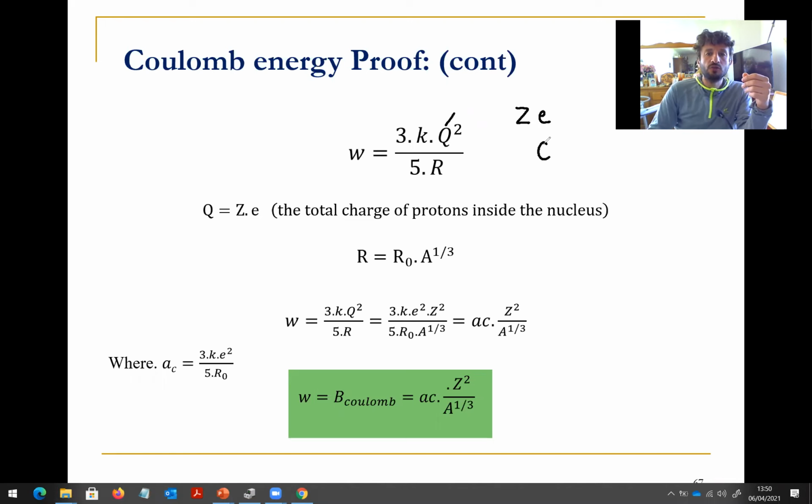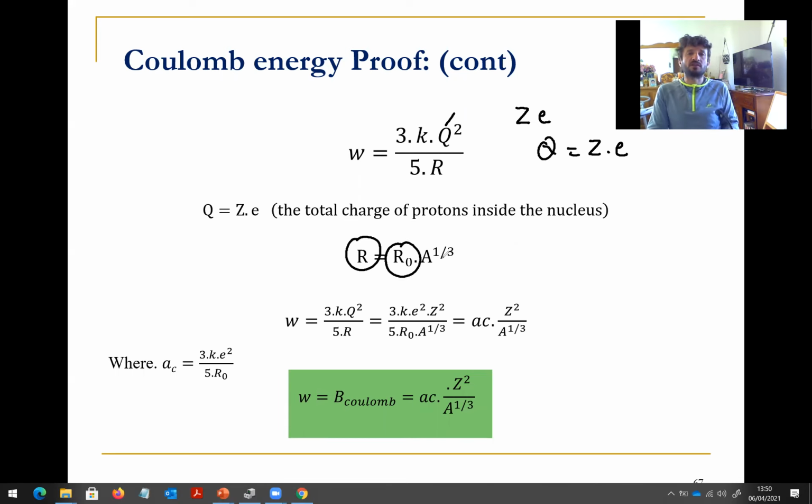So Q equals Z times e. This is the total charge of protons inside the nucleus. And you know the radius of the nucleus equals R0 times A power 1 divided by 3. We substitute the value of R here, and Q equals Ze.